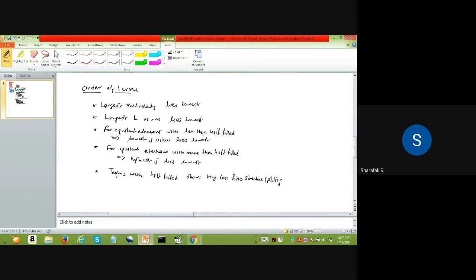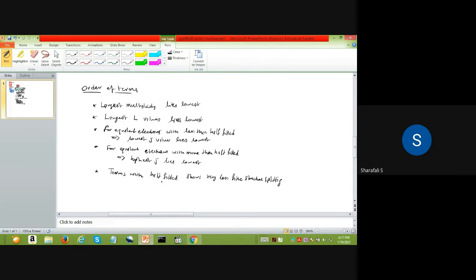And so we can say the lowest terms arising from the half filled subshell are the S term and are very stable. They are especially stable.